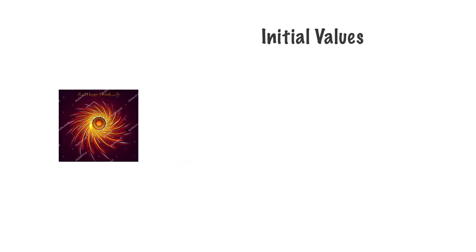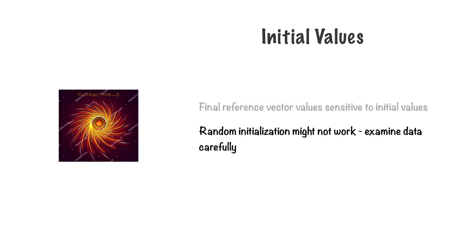The initial values of the reference vectors that we choose is also an important hyperparameter. That's because it's been noticed that the final reference vector values are very sensitive to what values we initially assigned. Random initialization may not work best, though typically that's what people usually do when they're prototyping data. Some analysis of the data might help in order to figure out the right initialization values.